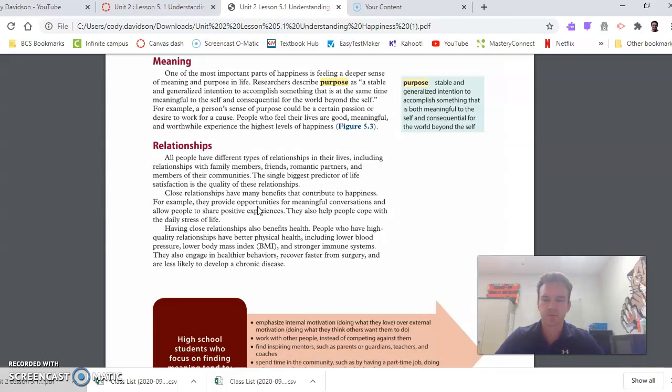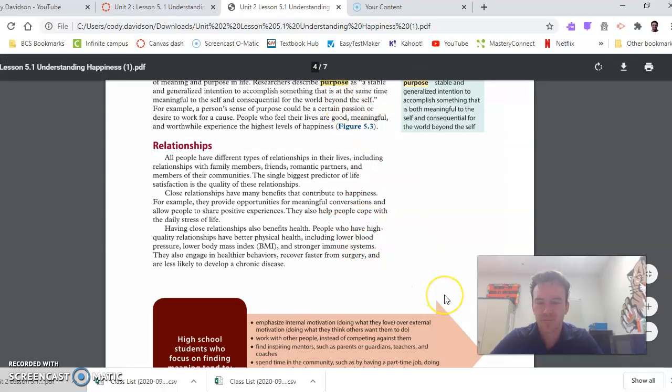If they just open more doors for you along the line, it can help you have more meaningful laughs and pleasure there. Might help lead you into new job opportunities where you can experience more of the world, new things that you like to do on the regular. It can contribute to that purpose if some of these relationships lead you into a certain path. So that's why they're so important.